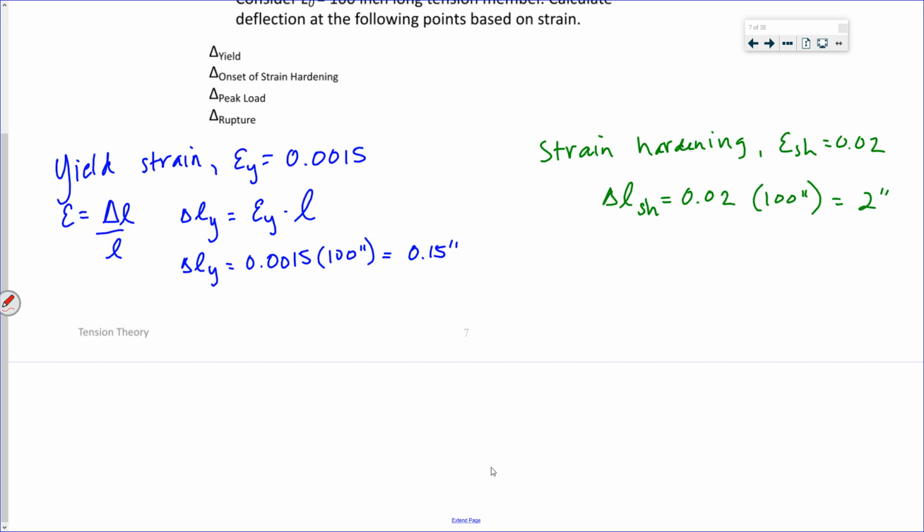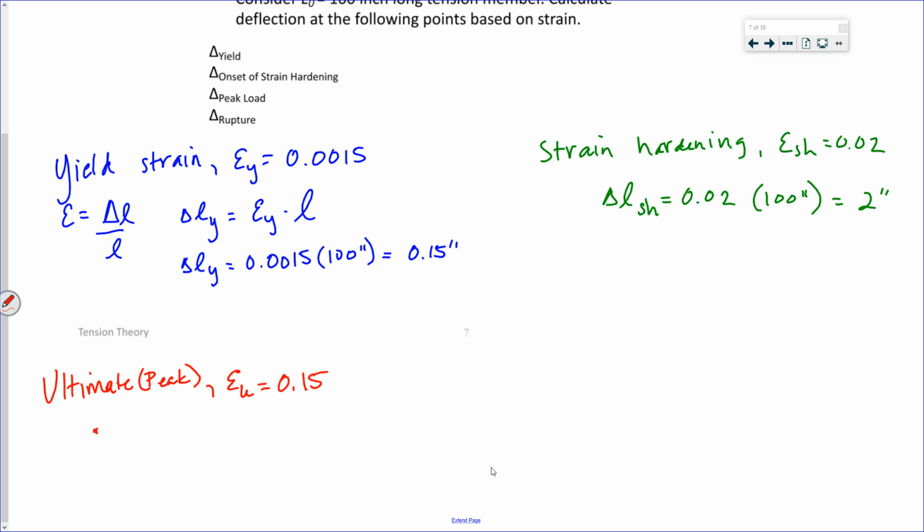Okay, so hopefully you've figured this out. Ultimate or peak. The elongation, let's see, the strain associated with that was 0.15, so let's see.